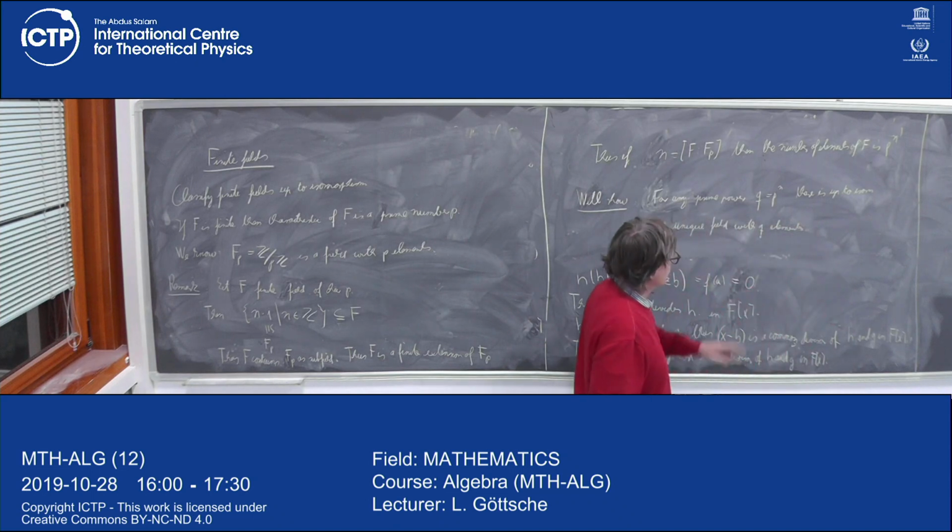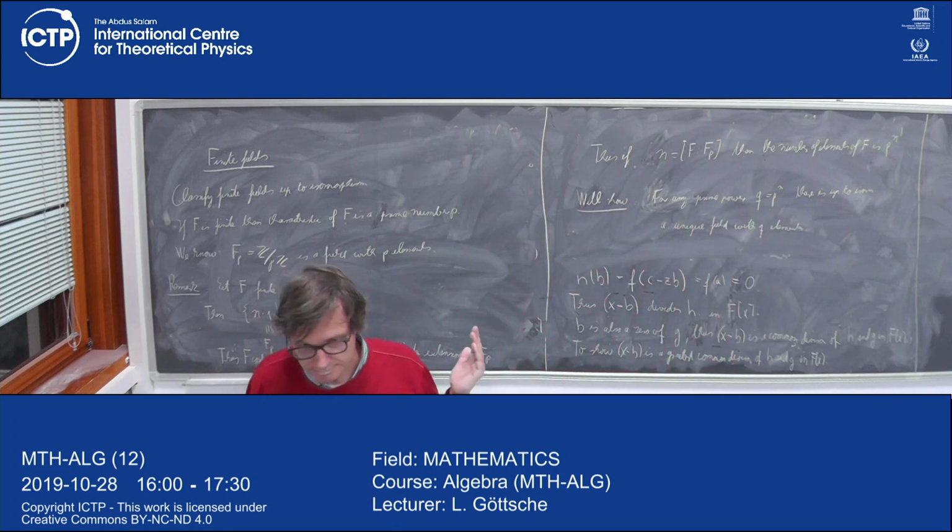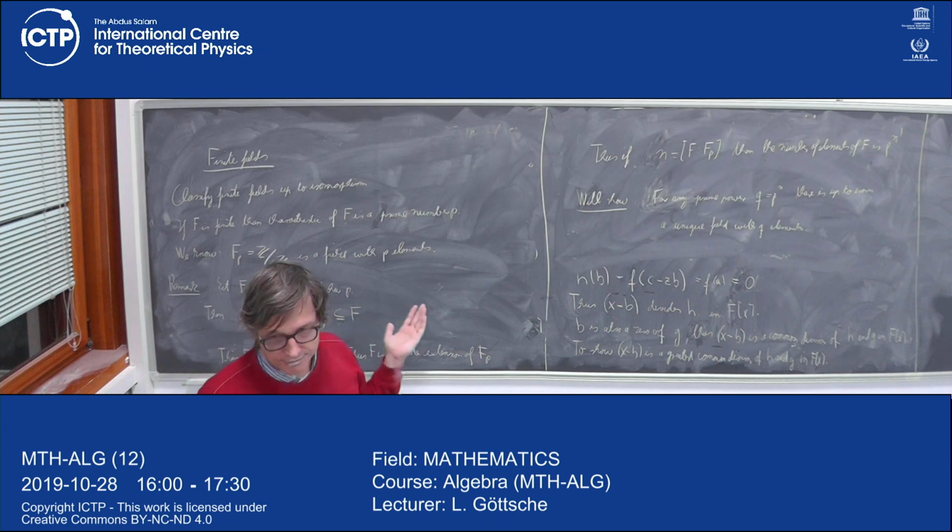So for every prime power Q equal p to the n, there is a field with p to the n elements, and any two such fields are isomorphic.